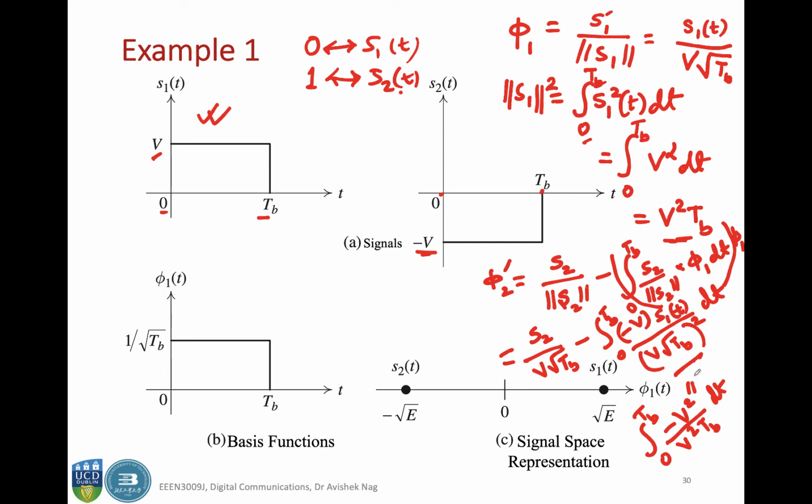Okay, so this v square and v square cancel out, and this will be minus 1 over tb.